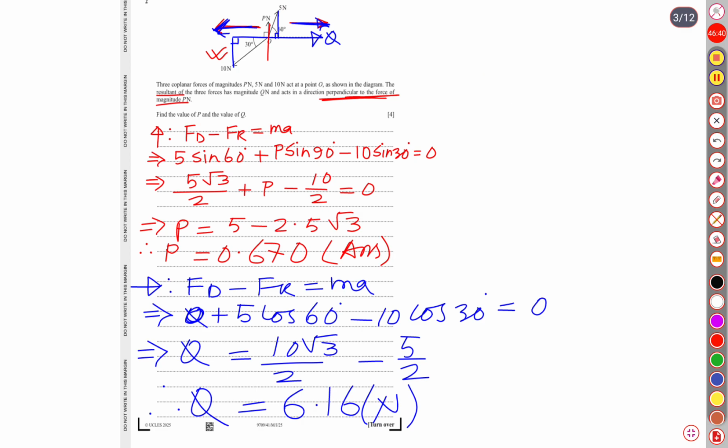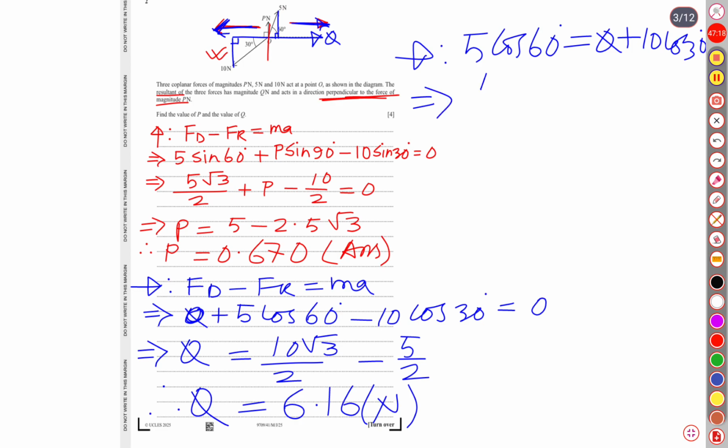In that case, if Q is on the right side, look at this, let me show you, then right side is only, what is it going to be? On the positive side is 5 cos 60. 5 cos 60 equal to, look at this, if Q is on the left side, equal to Q plus 10 cos 30. Okay, now let's see what happens.